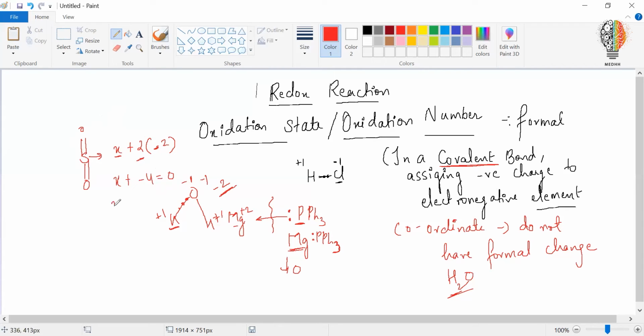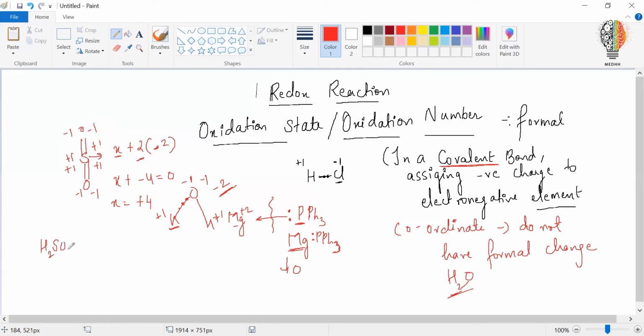X - 4 = 0, X is equal to +4, right? Or else you can do one more thing, you can just break them up. Here you will get +1, -1, then there is one more bond, +1 -1, then again here +1 -1, and then +1 -1. So overall charge, if you count, it will be +4, right? I guess things are getting a bit clearer to you.